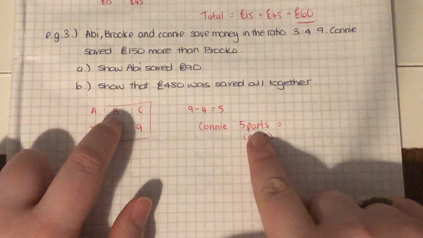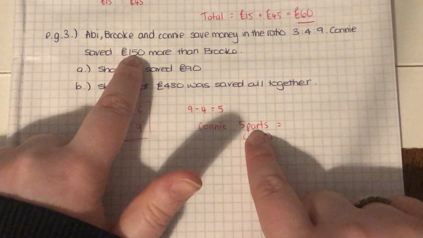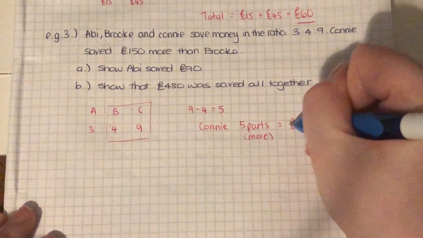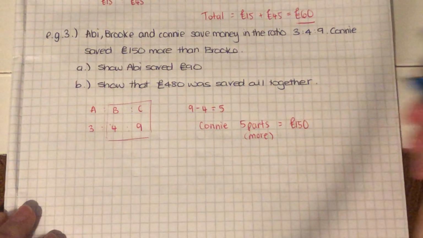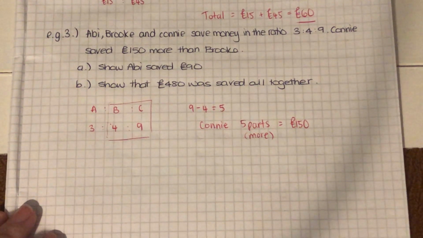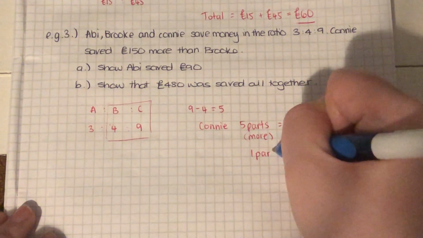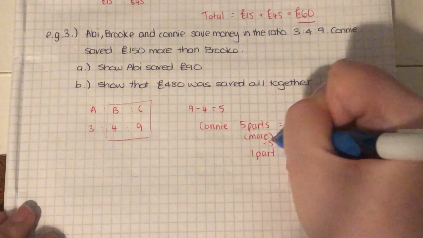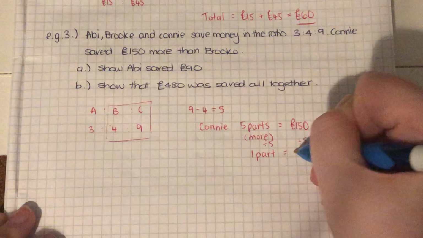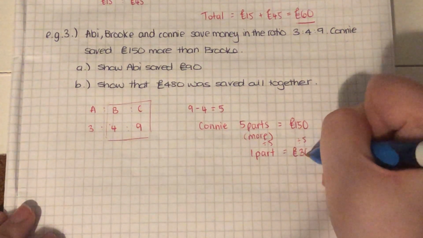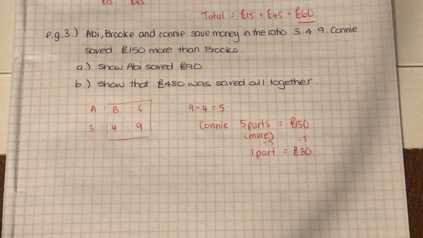Okay, so that 5 parts must be the same as £150. Okay, again, we can't have 5 parts, we have to have 1. So 1 part is just going to be dividing both sides by 5, which gives us £30. Okay, so 1 part is 30.